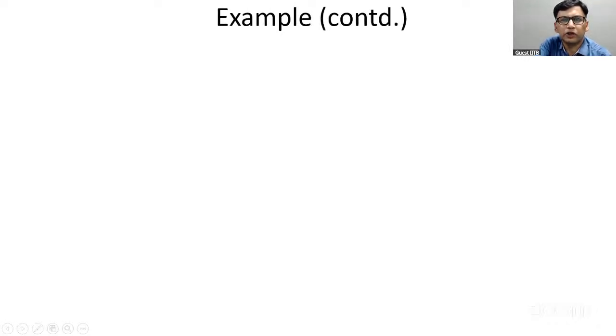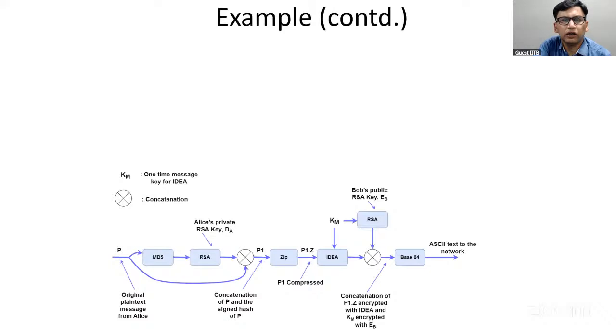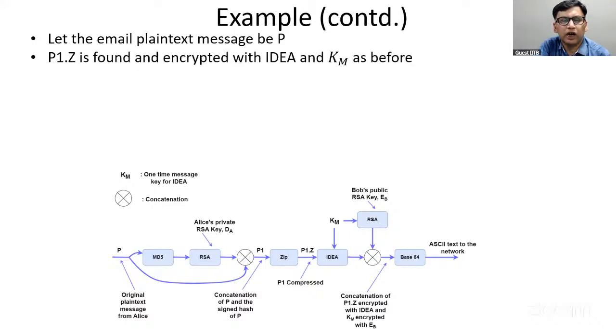So here is the procedure. Let the email plaintext message that needs to be sent to the n receivers be P. Again, P1.z is generated in exactly the same manner as in the basic PGP, and encrypted with IDEA and a randomly generated key KM.